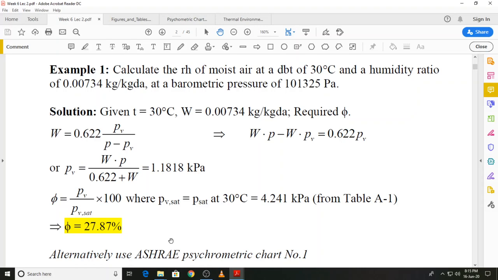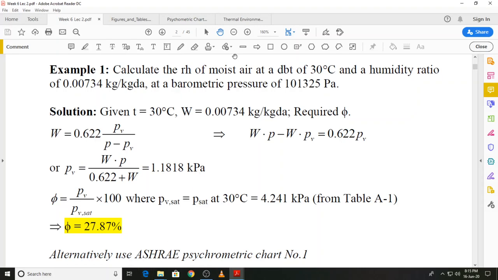So if you recall, the relative humidity can be obtained by taking the ratio of the existing partial pressure of water vapor in air, divided by the partial pressure of water vapor in air when that air sample becomes saturated at the given dry bulb temperature. That means the first thing we need to obtain is the partial pressure of water vapor in the given sample, and that we can find out because the humidity ratio is given and the total pressure, that is the barometric pressure, is also given to us.